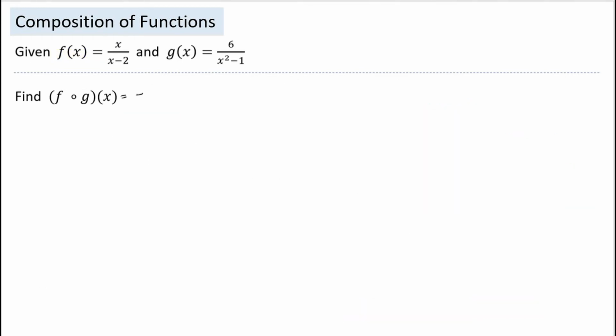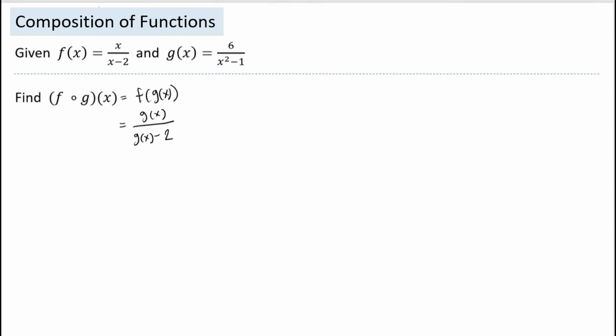Let's find f of g of x with the given f and g. We get g of x over g of x minus 2.